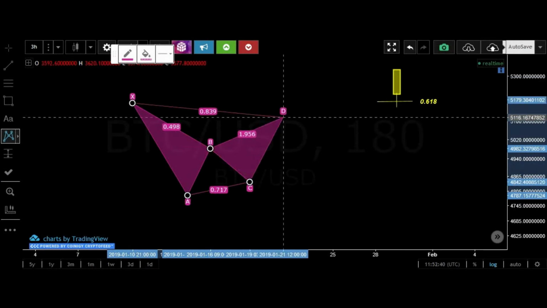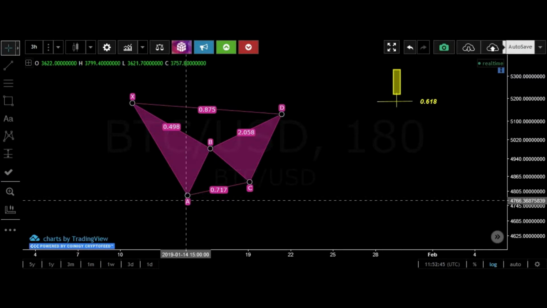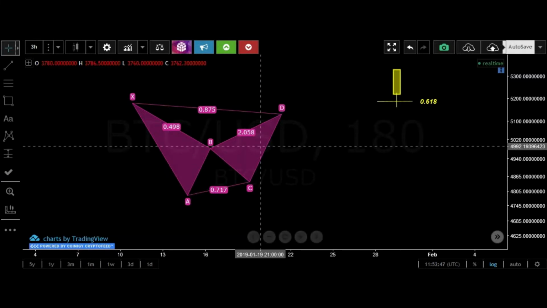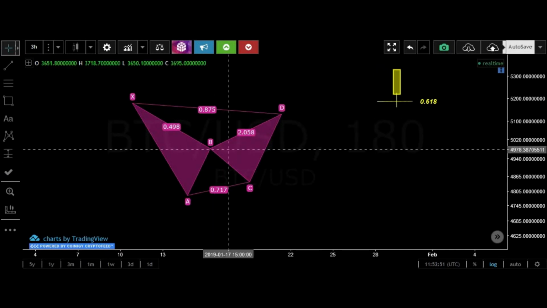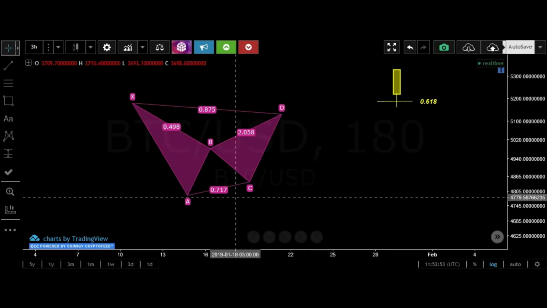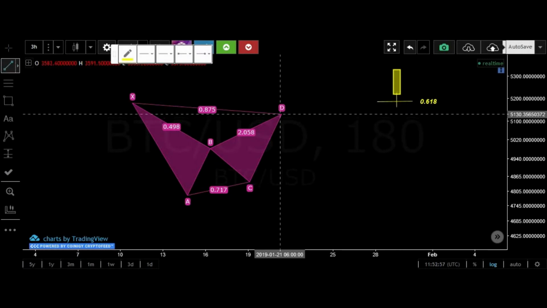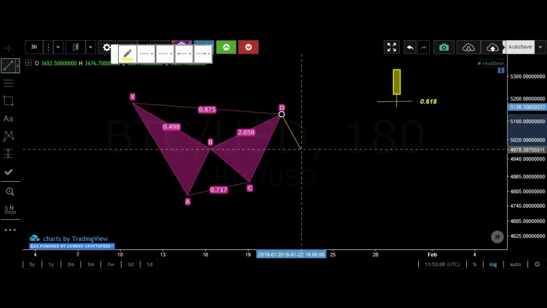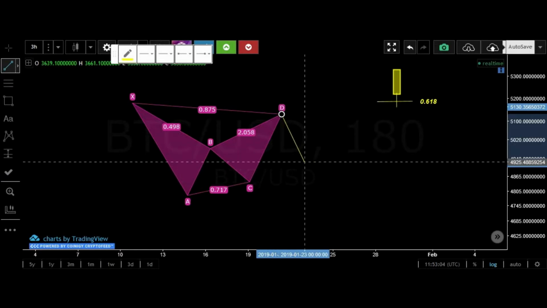We have the X leg, A leg, B leg, C leg, and the D leg. So this is what we call a bearish Gartley pattern. Once you get this major move, then we get a dump from the D leg, testing the B leg first, which is the first target, and might go lower to the C leg.